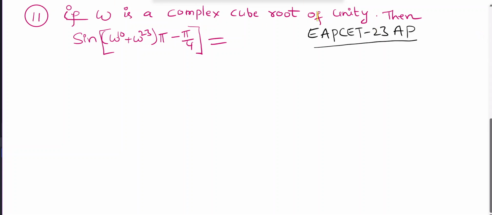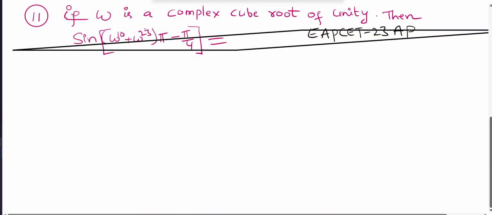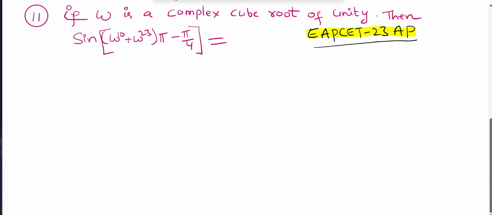This is the 11th problem from De Moivre's theorem, EAPCET 23 problem. Here omega is a complex cube root of unity. Then find sine of (omega power 10 plus omega power 23) into pi minus pi by 4.